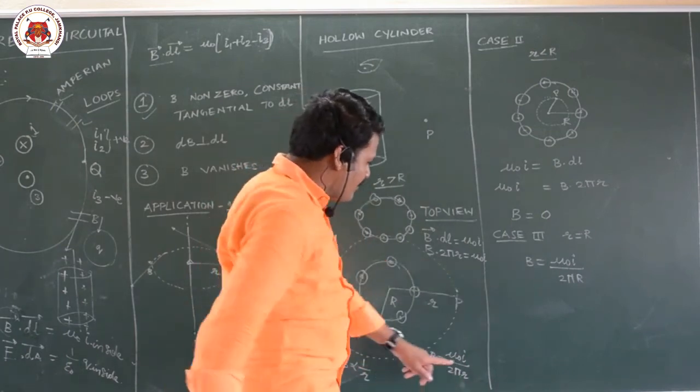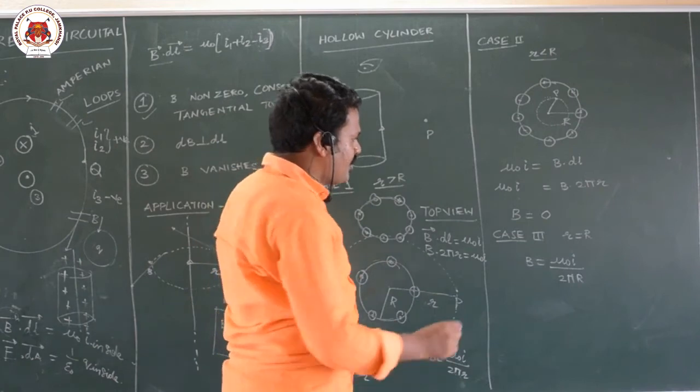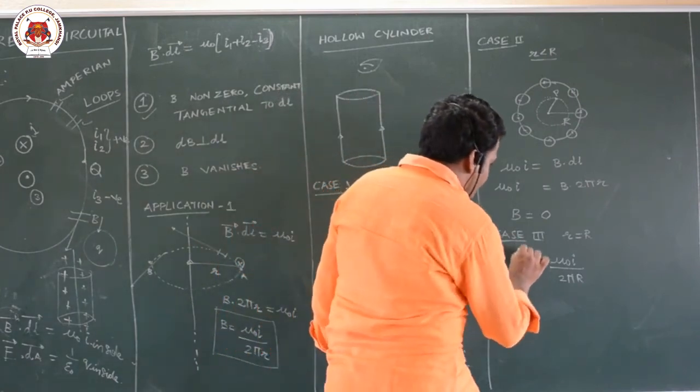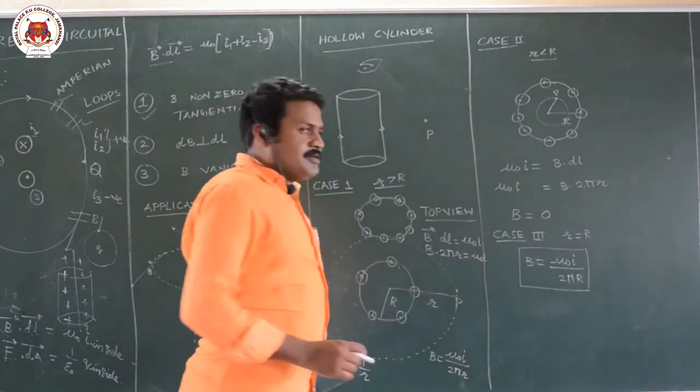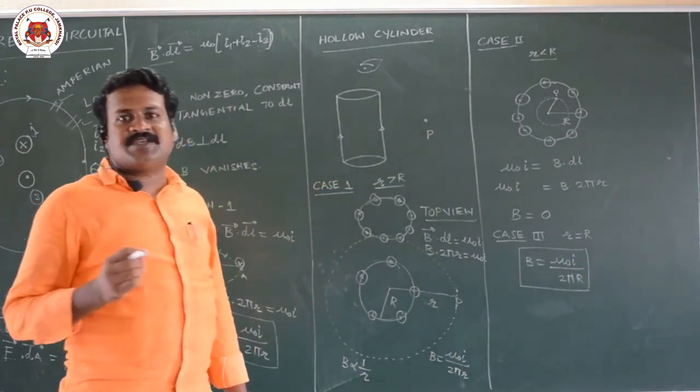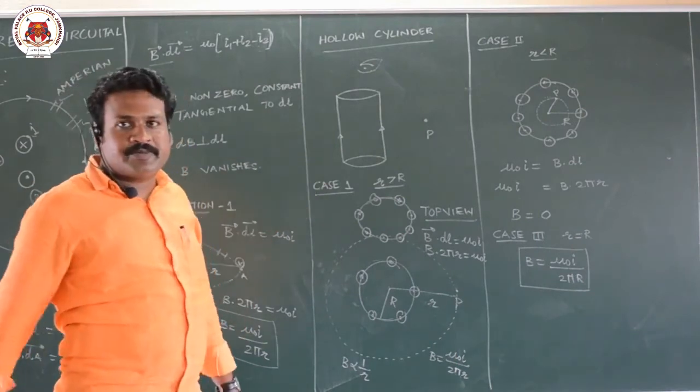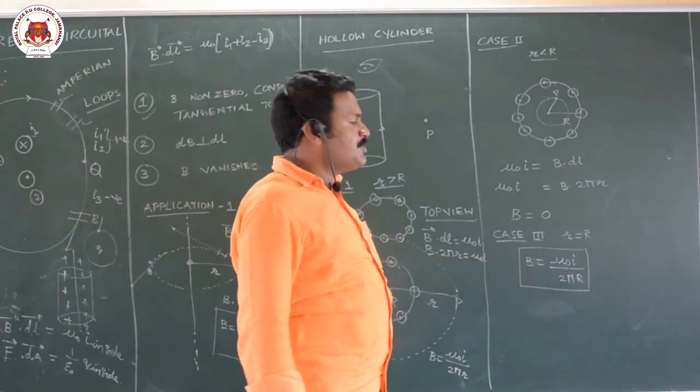Small r is equal to capital R here. Put small r equal to capital R, and this is the value of B. So from this what you can understand: the magnetic field inside the hollow wire is 0, and on the surface it is maximum.